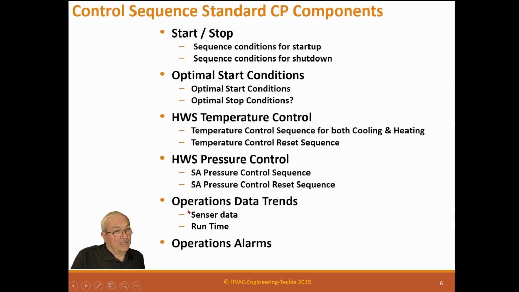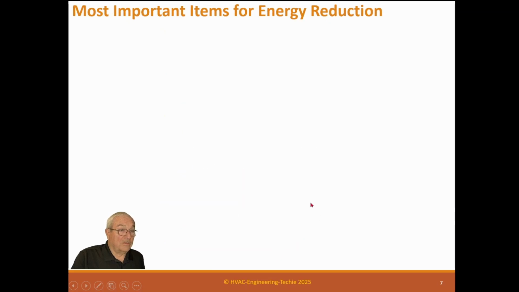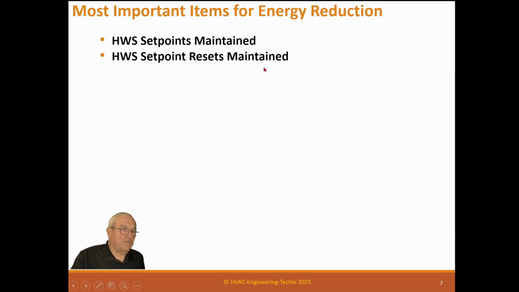So you as a commissioner or you as a control person need to do them for them, because these are simple to do, but if they don't know, they won't get used. And so what operating alarms? A lot of times there's way too many operating alarms, so your job may be to limit them to the real important ones.